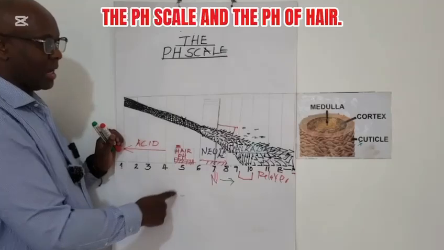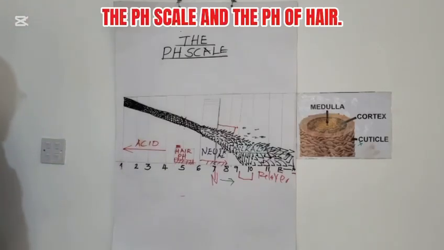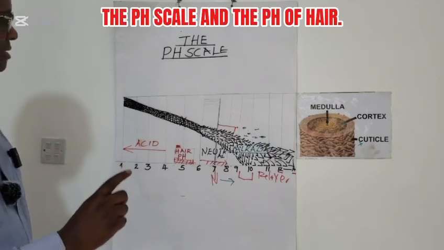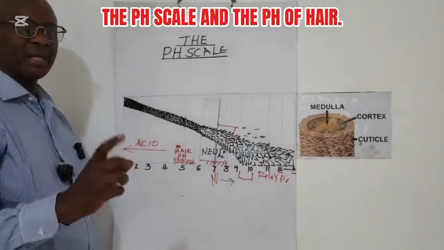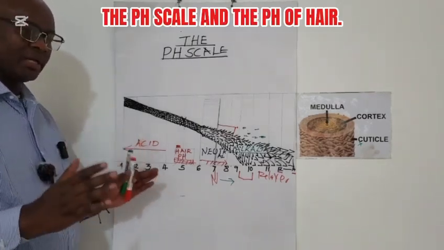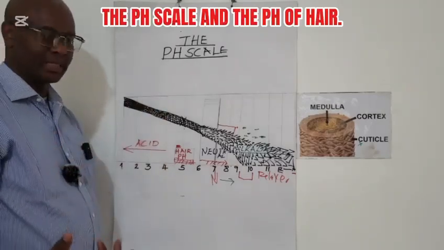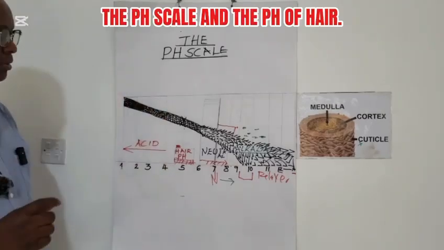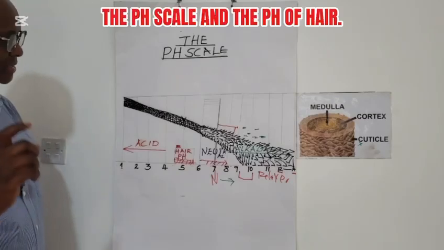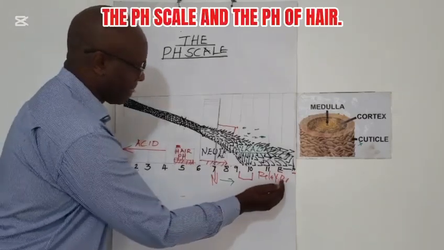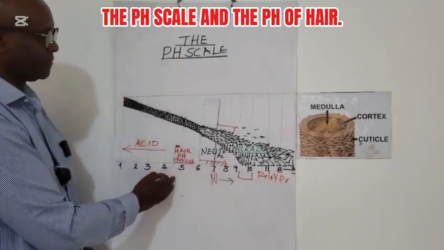No. And that's why if you look at the super brands, they have an additional step that they bring in. These additional steps have many names, but besides the neutralizer, there's something else. Some people call it a normalizer. Other people call it a positive link. It is designed to push your hair back to 4.5.